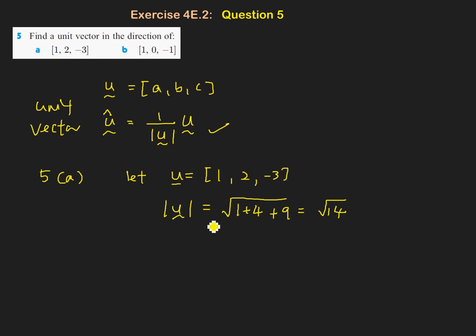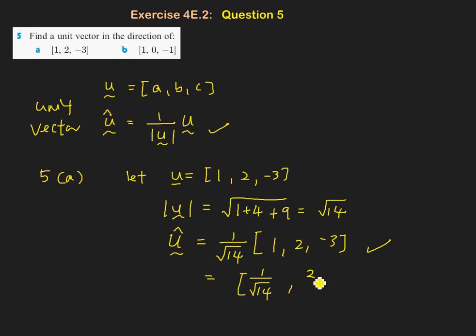And so the unit vector will be 1 over the square root of 14, right? Just following the formula, times the vector u. You can leave it like that, that's fine, but it's always nice to do this. Negative 3, right?